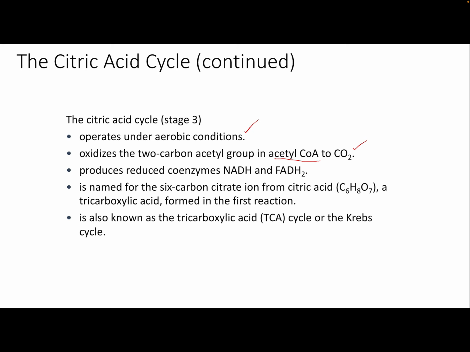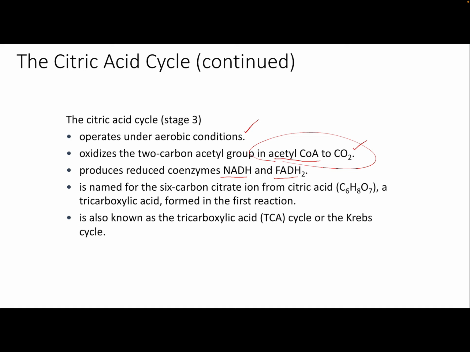So we're going to breathe out carbon dioxide. That's how we oxidize all of the carbons from the sugar. Now, we'll keep track of those CO2s. The coenzymes, NADH and FADH2, that we looked at in glycolysis, are also going to be produced here.